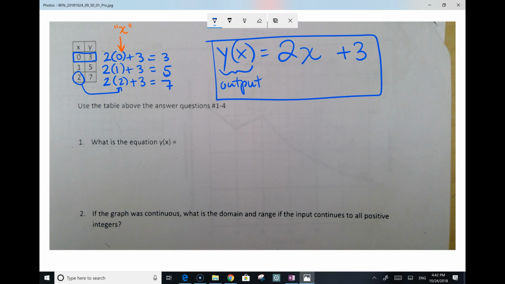Number 2: if the graph was continuous, what is the domain and range if the input continues to all positive integers? And before I answer that, a thought just popped into my head. Some of you viewers might be looking at what I did for number 1 and thinking, gee, he took a long way around. I could have answered that real quick by getting the slope or using point slope form.